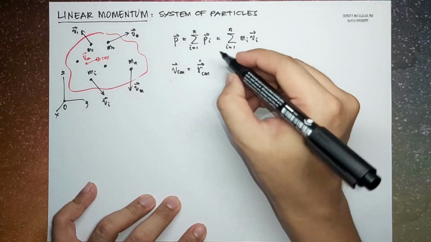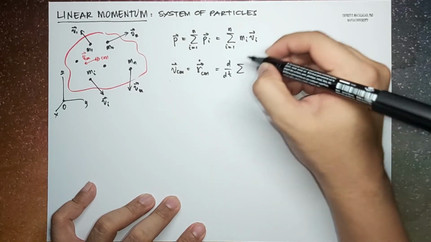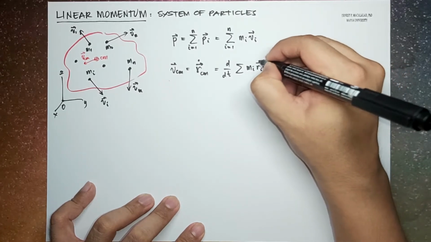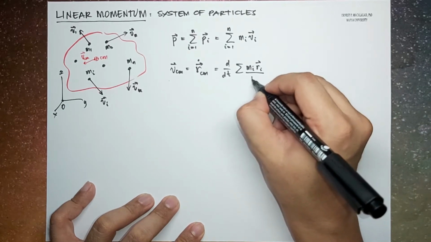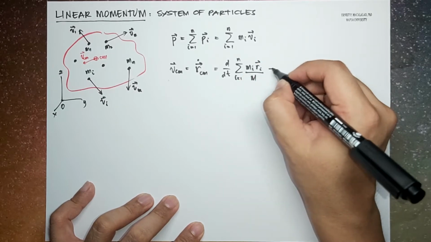So this is now equal to the time derivative of the sum of mi ri divided by capital M, where i is equal to 1 to n.